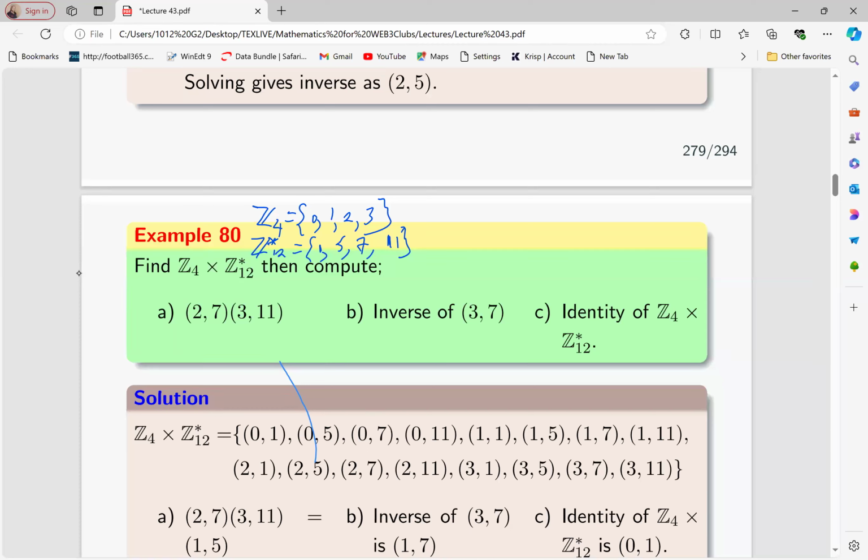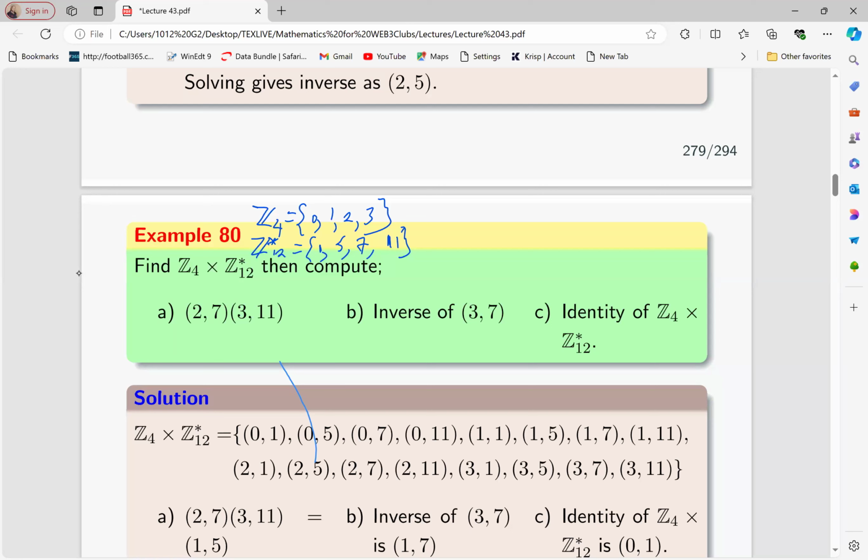Is there any that I've forgotten? Those which are relatively prime to 12. 1, 2 is not, 3 is not, 4 is not, 5 is, 6 is not, 7 is, 8 is not, 9 is not. I think that are these ones.